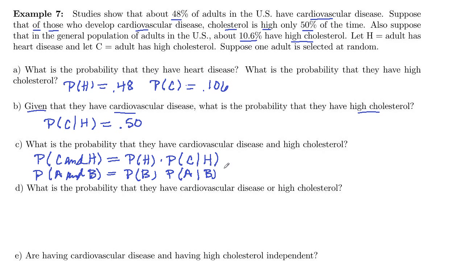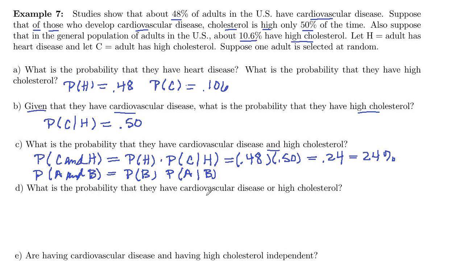And so probability of H, we had that up above, is 0.48 right here. And probability of C given H, 0.50. And if you multiply those, you get 0.24. So 24%. So 24% of people will have cardiovascular disease and high cholesterol.